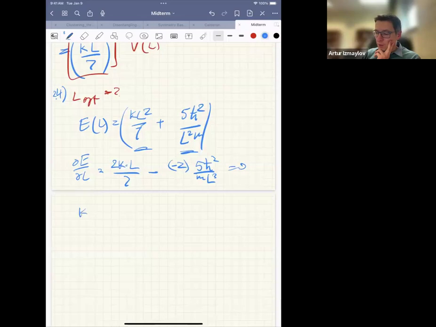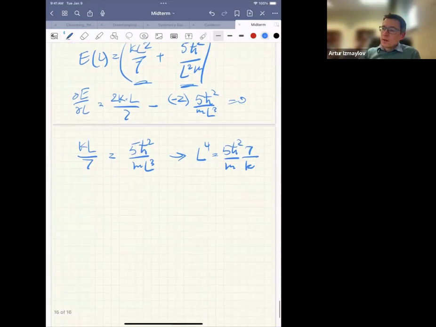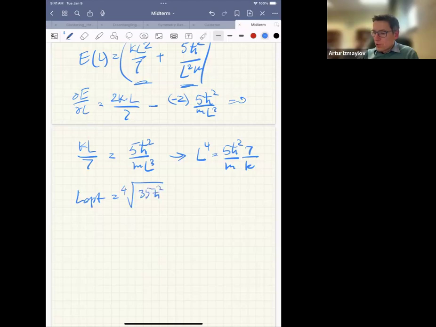And then we find that kL over 7 equals 5 h bar squared over m L cubed. And then this gives us L to the 4th equals 5 h bar squared times 7 over k m. And L optimal is the fourth root of 35 h bar squared divided by k times m. So that's our L optimal.